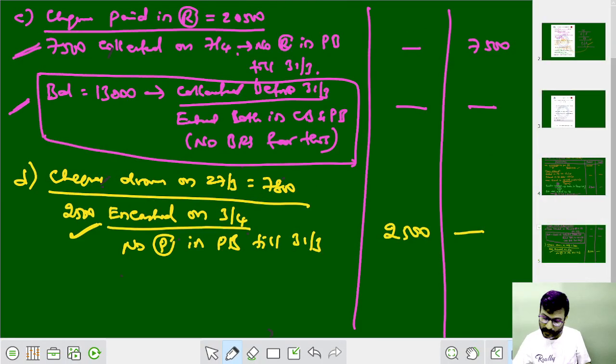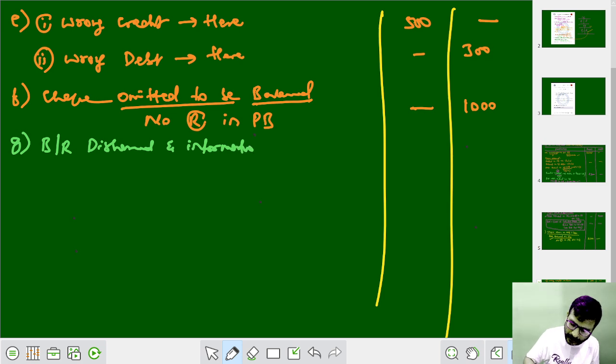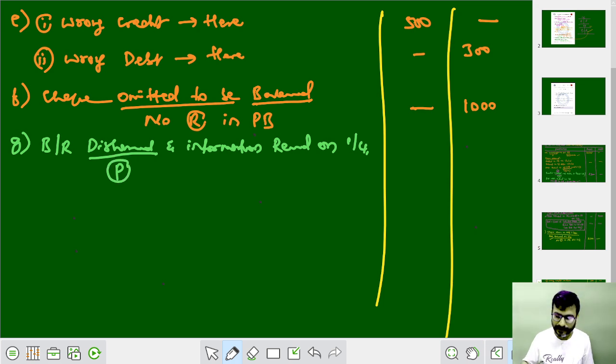The point number is what? G, right? Bills receivable dishonored and information received on 1st April. Dishonored means payment.